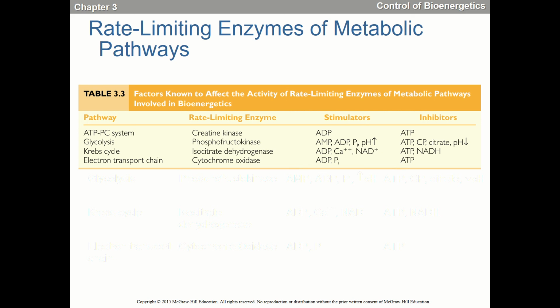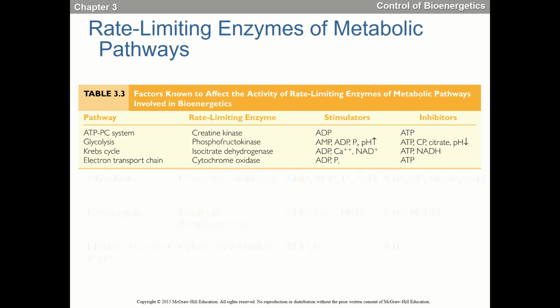Next thing here, Krebs cycle, isocitrate dehydrogenase, ADP. Don't worry about the calcium ions, but ADP, low energy environment. NAD, that's a stimulator, and NADH, that's an inhibitor. So outcomes of the Krebs cycle are a lot of NADHs, right?